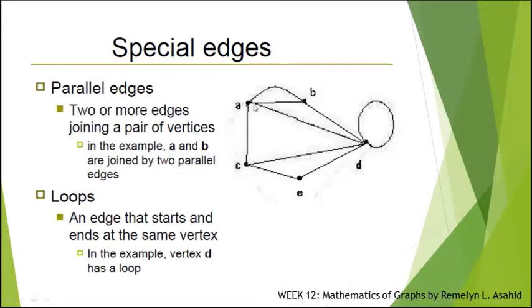Or we have an isosceles triangle, wherein there are two equal sides. When I say loops, it is an edge that starts and ends at the same vertex. So nagsimula siya sa D, umikot po siya, nagkaroon ng looping. In the example, vertex D has a loop. Kung saan po siya nagsimula, doon po din siya babalik.